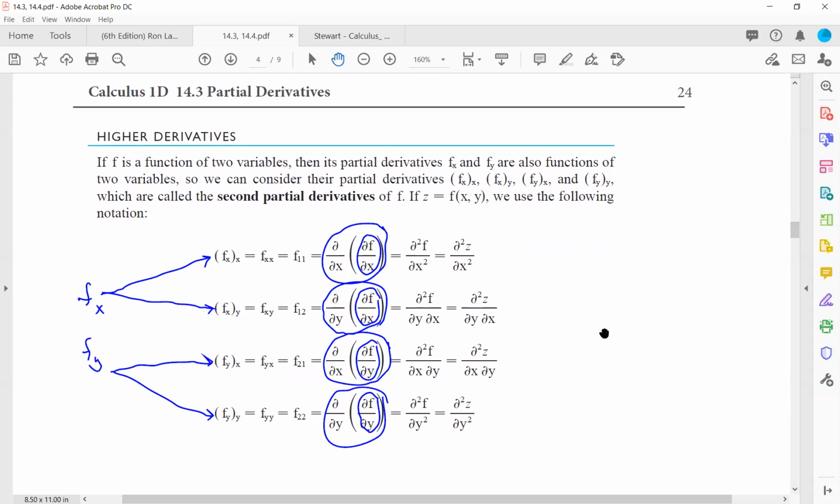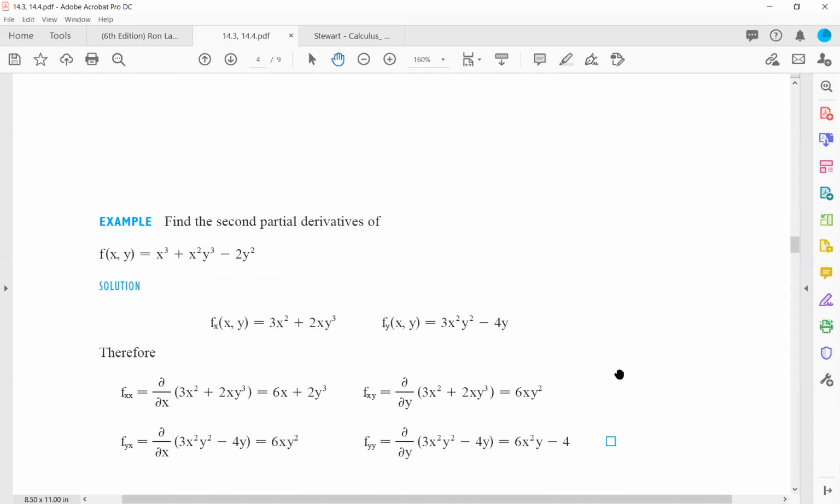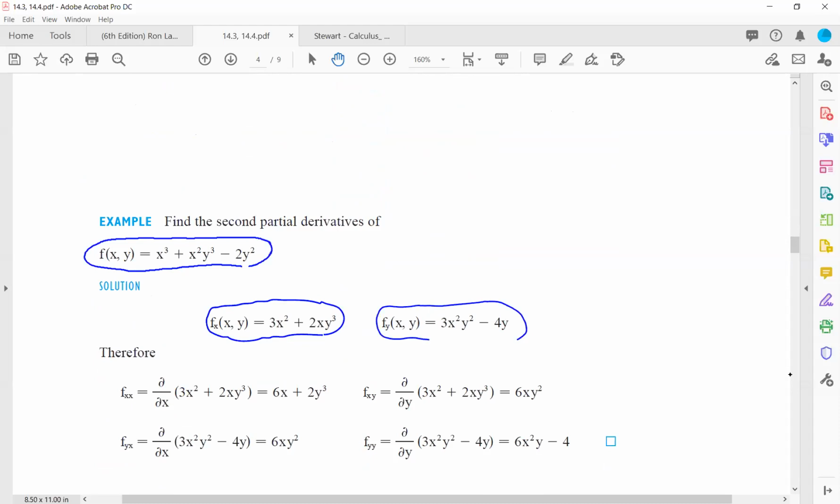Let us go over one example to feel more comfortable about these. Here you have a function in two variables: x cubed plus x squared y cubed minus 2y squared. To find the second partial derivatives of the function, first we have to take the first partial derivatives with respect to x and y.